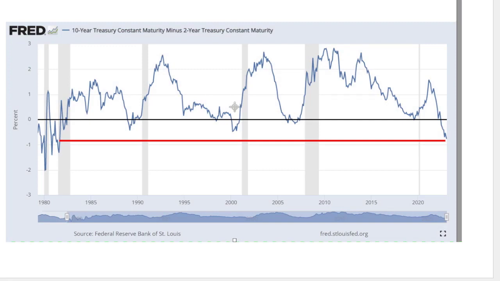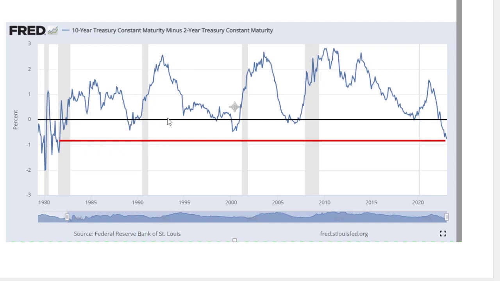So what we're looking at on this chart, let me just pull up my own so I can see a little closer. Okay. This is the 10-year yield minus the 2-year yield in blue. These gray areas are recession shading, and this is from the St. Louis Fed's website itself. So this is the 2s and 10s yield curve.